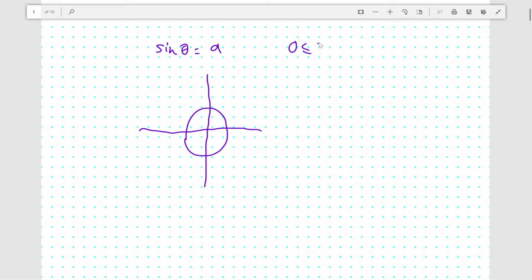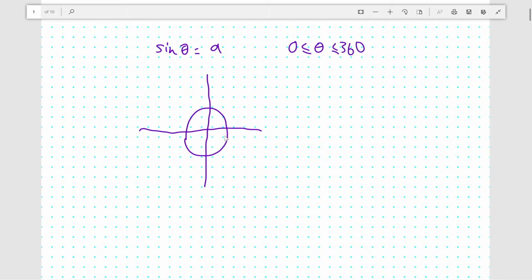in the unit circle. So, for example, you have your unit circle here, and you want to solve the problem that sine theta is equal to a, for the interval 0 is less than or equal to theta is less than or equal to 360.